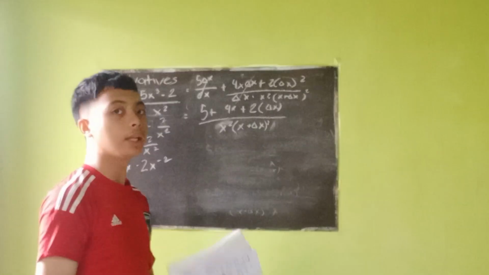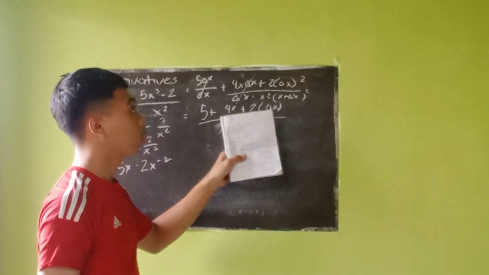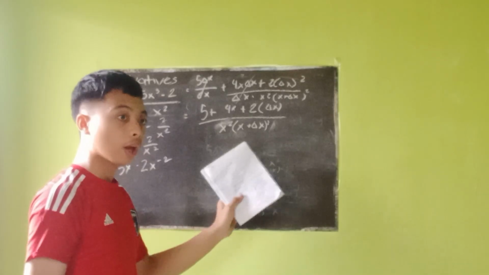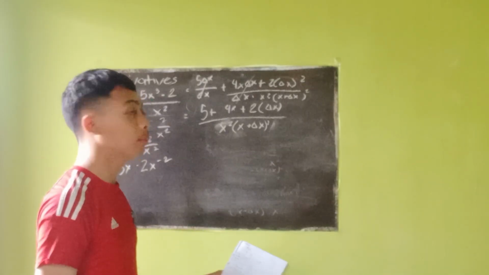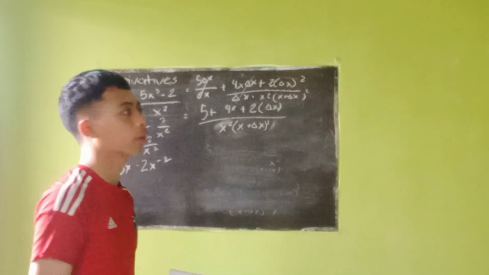So any remaining delta x, we also substitute 0 into, and this will be left with some numbers that will be much easier for you to understand.